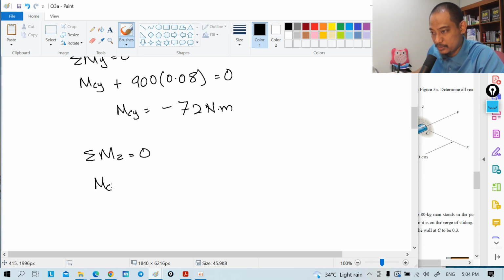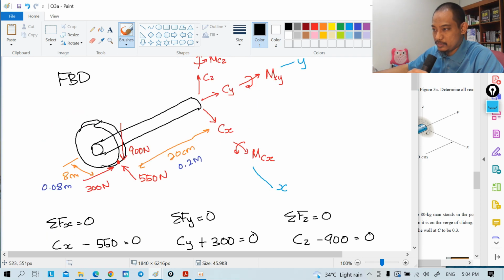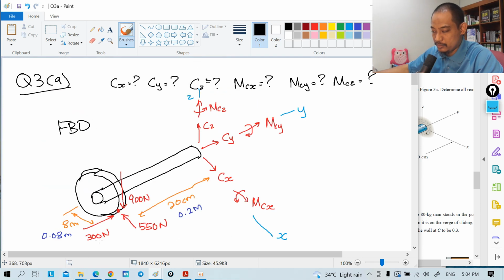Alright, so next, summation of moment about Z axis equals 0. So MCZ rotates about the Z axis. 900 is vertical, so it does not rotate about Z. 300 rotates counterclockwise, and 550 rotates clockwise.